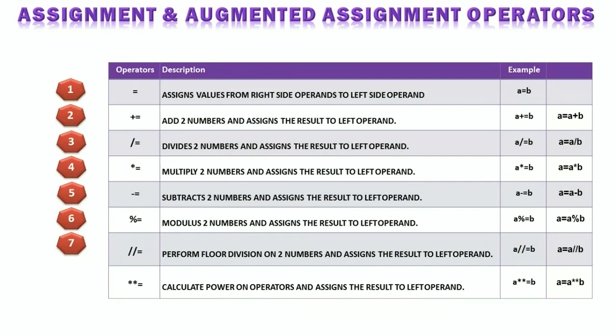A //= B will result in A = A // B. Then we have exponent equal, which calculates the power and assigns the result to the left operand. A **= B is doing the action of A = A ** B.